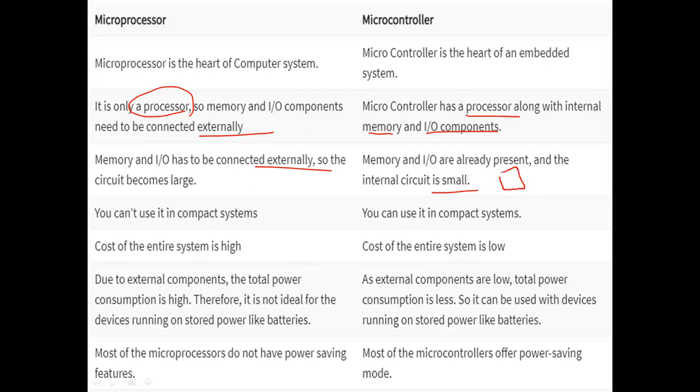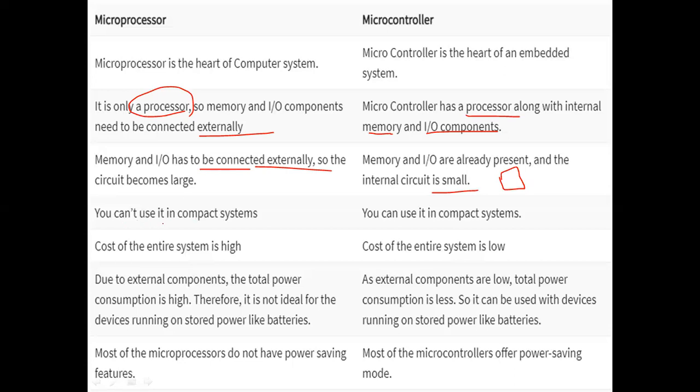Inside a single chip, random access memory, read only memory, serial port, interrupt and timer are all present. Here, the chip has only the processor, and IO devices, memory devices, interrupt controller, timer controller or other interfaces are connected externally.